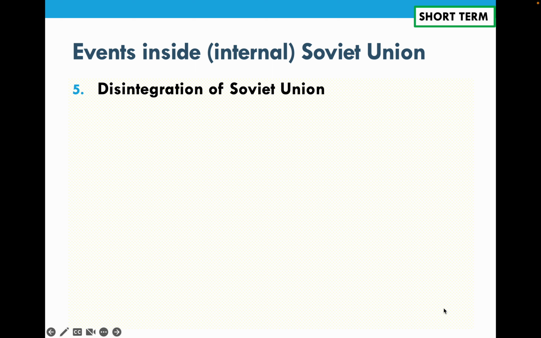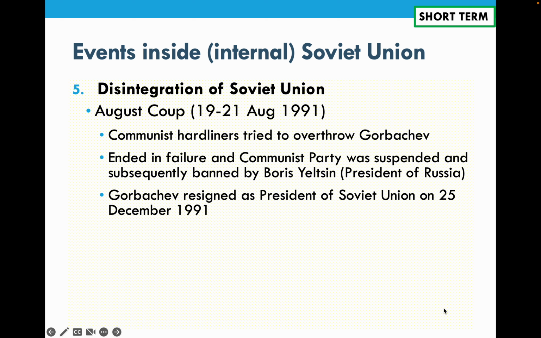So there's no more communist bloc, but what led to the disintegration of the Soviet Union is because of the August coup, where the communist hardliners tried to overthrow Gorbachev. Yes, this ended in failure, but later on the Communist Party was suspended and subsequently banned. Keyword banned by Boris Yeltsin, the president of Russia.